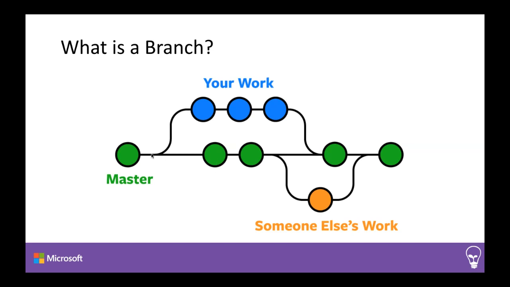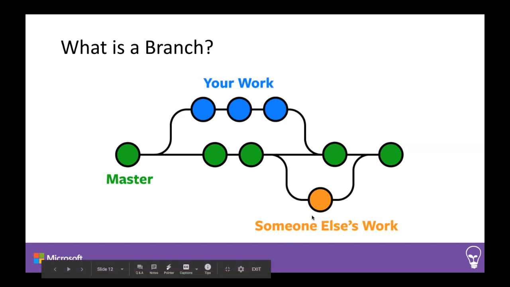So to resolve this, you can make two separate branches. So you make a branch that represents your work, and this other person can make another branch that represents his or her work. Over here, you make these commits. You make these save points on your own branch. This wouldn't affect the code that this other person is writing.